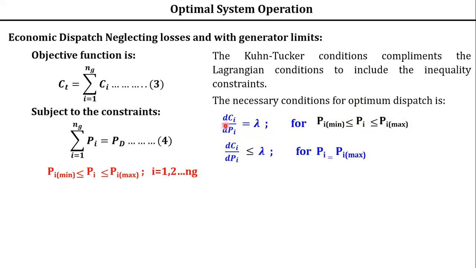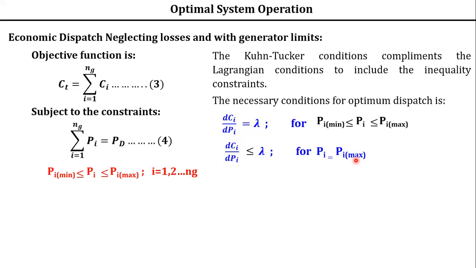Number one. Now, dCi by dPi is less than or equal to lambda when Pi is equal to Pi max. That means whenever you are clamping the value of Pi at Pi max, the condition for optimal dispatch must be less than or equal to lambda.